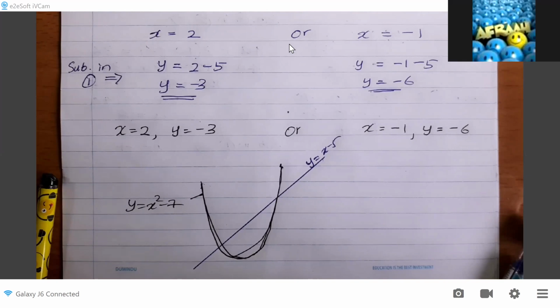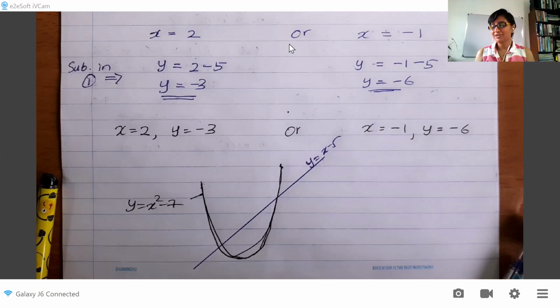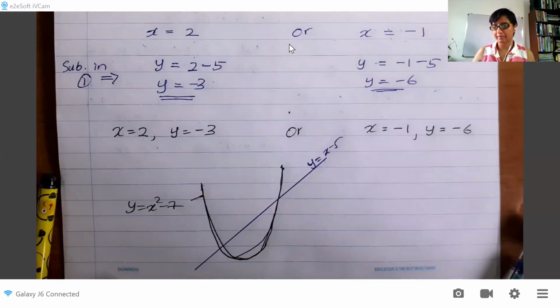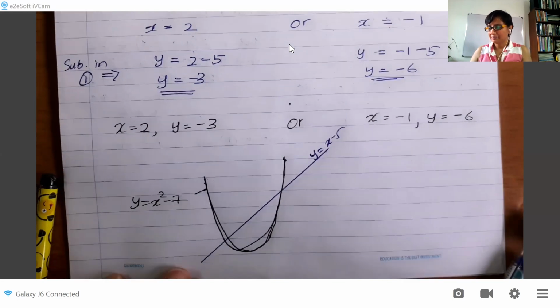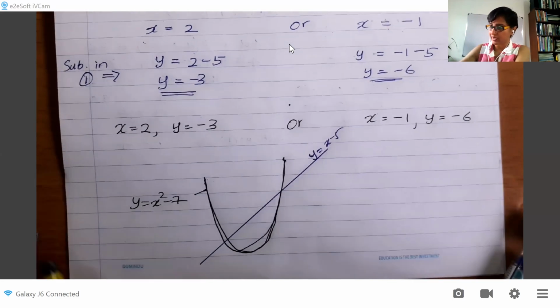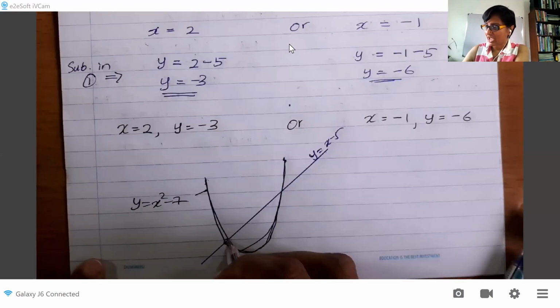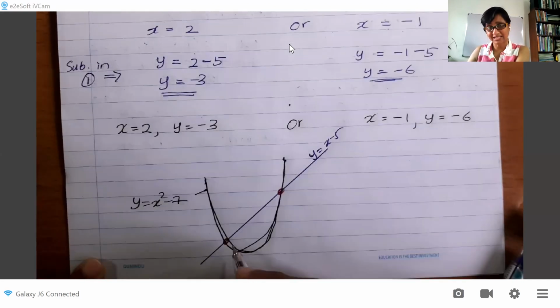The coordinates of the point where the parabola and the straight line intersect. Yes, you got the xy coordinates of the intersecting points of the parabola and the straight line. Why? Because it's only at those 2 points, only here and here, that the values for x and y both satisfy.